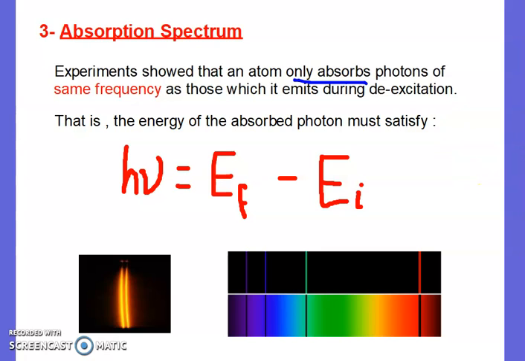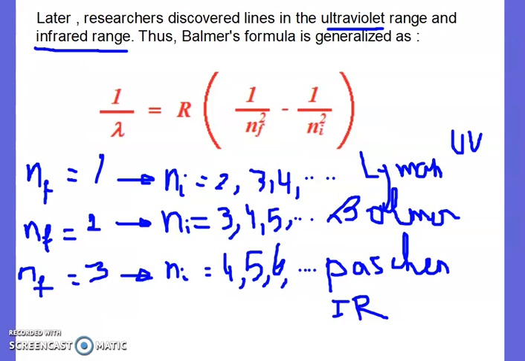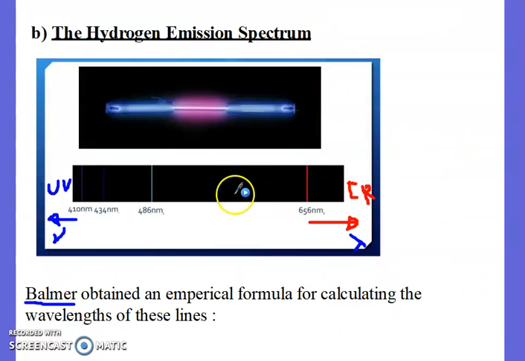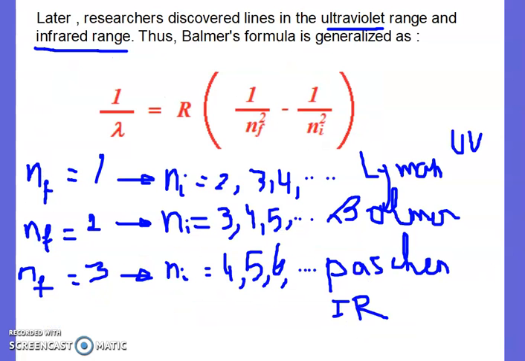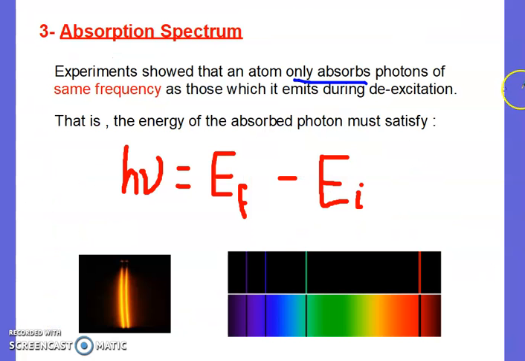In this spectrum, you do not see yellow color, right? So this hydrogen lamp or the hydrogen atom cannot absorb the yellow light, okay? And similarly the orange light or green light. It only absorbs the photon it emits.